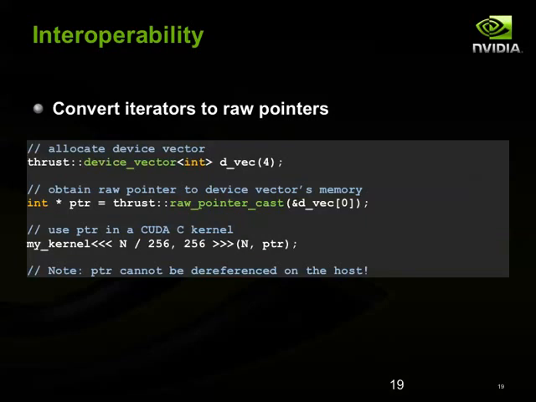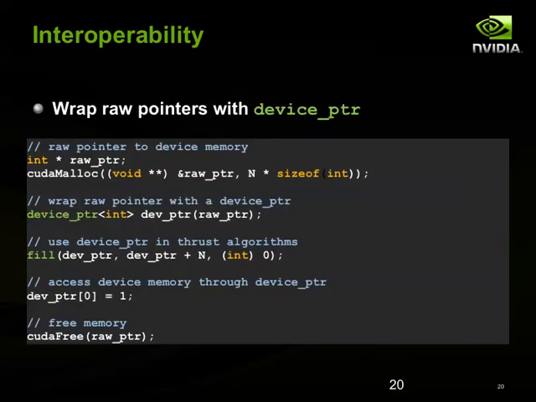I can use this pointer however I want and treat it exactly like a pointer if I had allocated it with CUDA malloc. And you can do the opposite also, which is probably more useful. So if you've already allocated some memory using CUDA malloc and you have a pointer to it and you want to pass that into a Thrust algorithm, remember before, if I just have a pointer, I don't know where it lives. It could be a host pointer, it could be a device pointer, it could be anywhere.